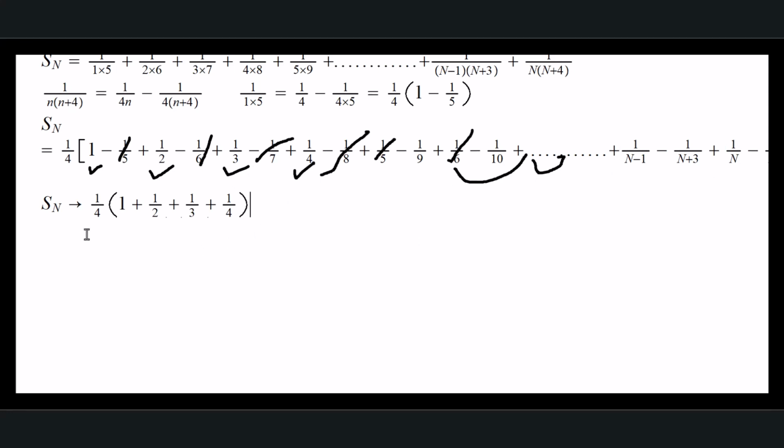Okay, and so you can use the sum sequence feature in your calculator to calculate that this sum goes to how much? 25 over 48, and you can take a decimal approximation if you would like.